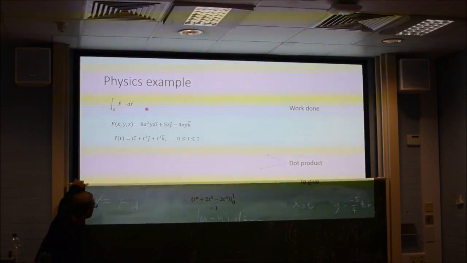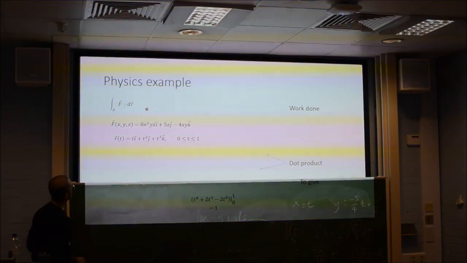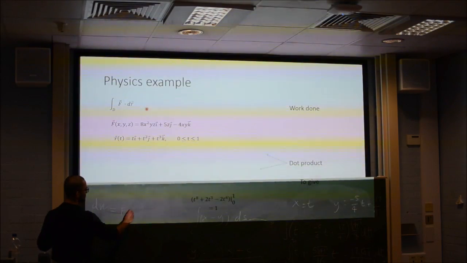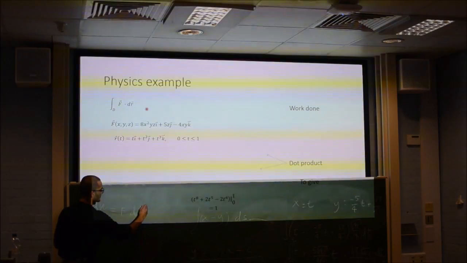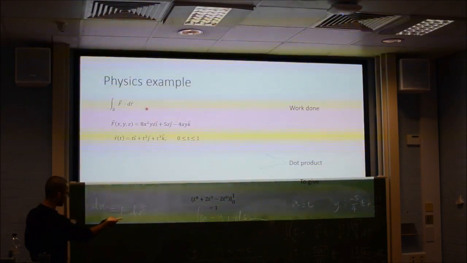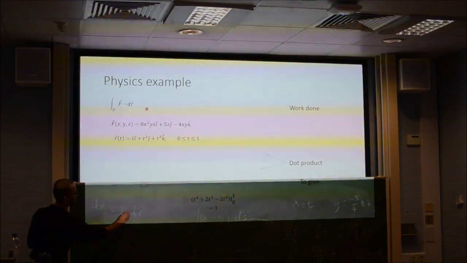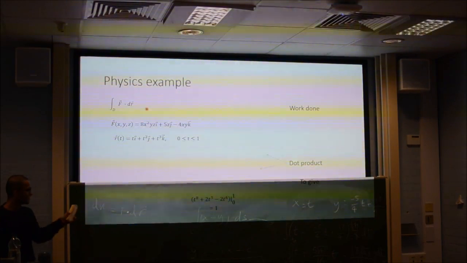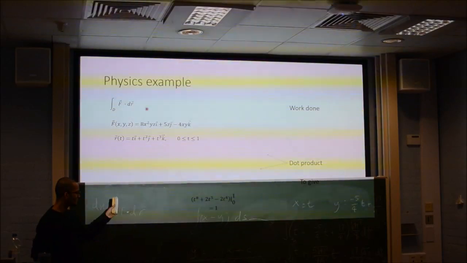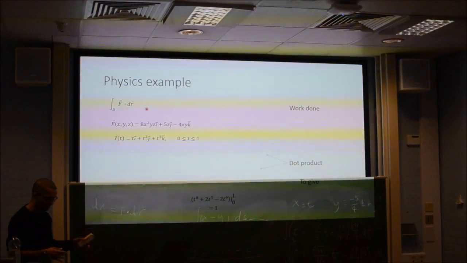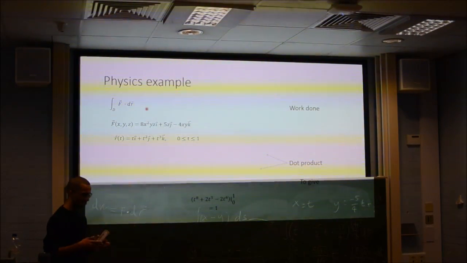So we're going to rewrite this a little bit. We're going to say that dW is equal to the force, which we'll say is constant, times dr. These are vector quantities. So the work done is equal to the force times some infinitesimally small unit of length in the direction of it.